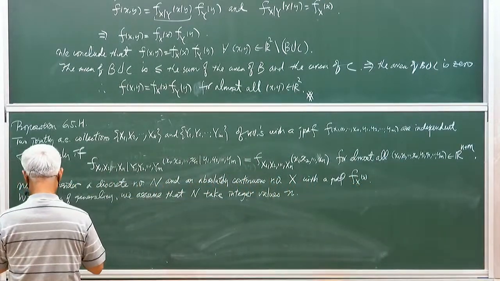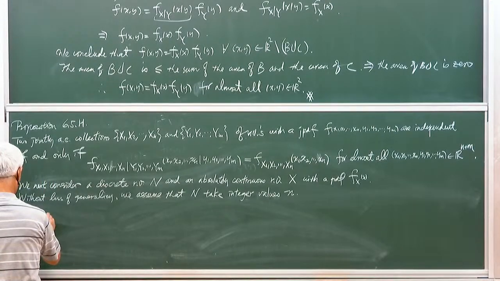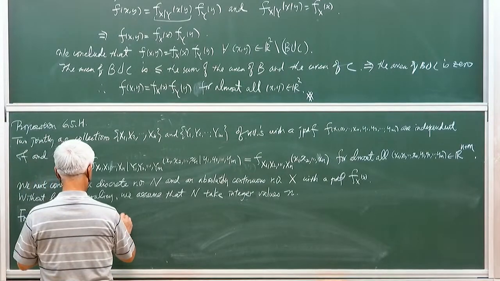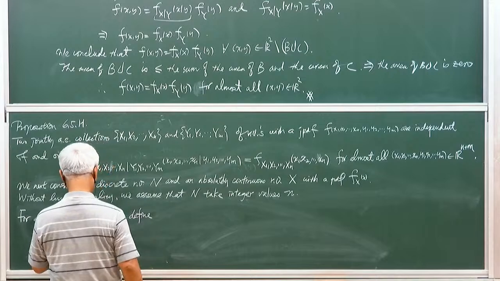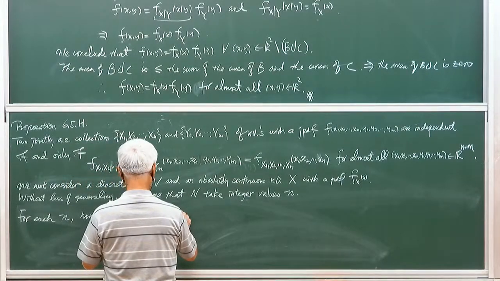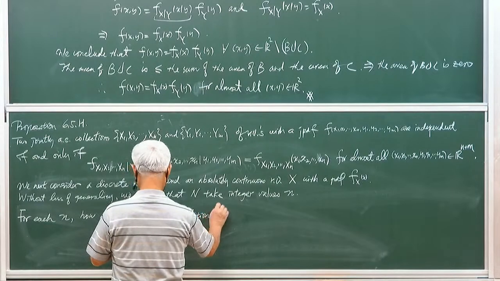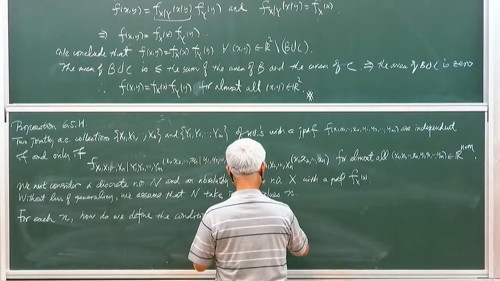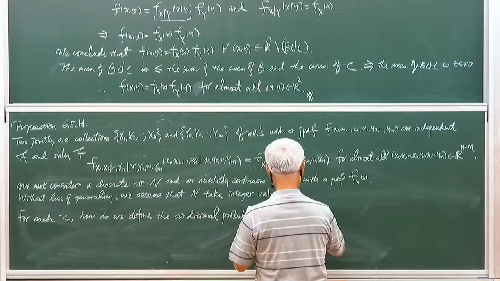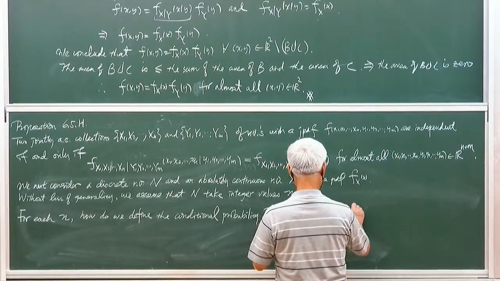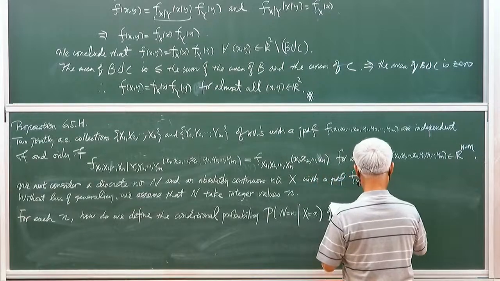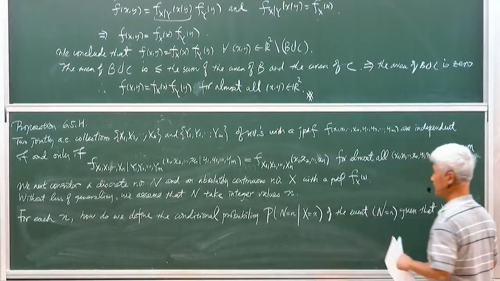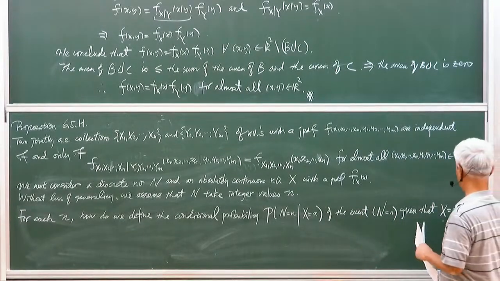Okay. All right. So now for each n, how do we define the conditional probability of the event capital N equal n, given that the absolutely continuous random variable X has a specific value x?